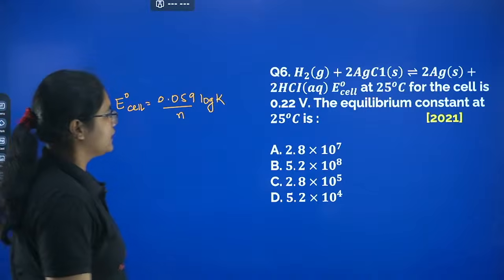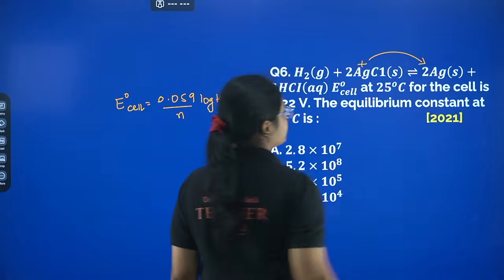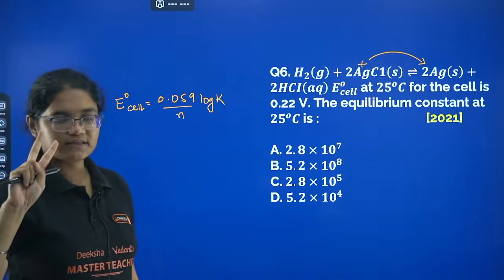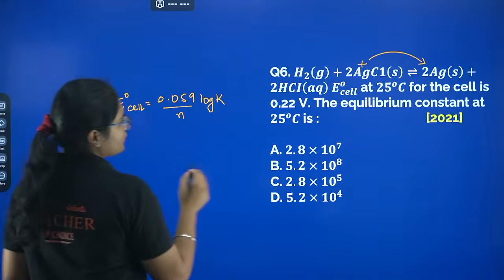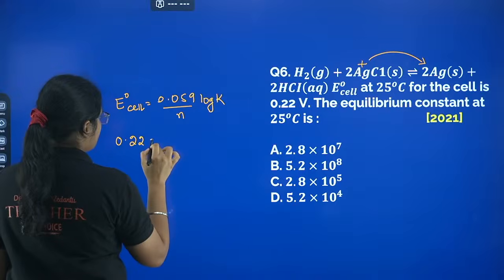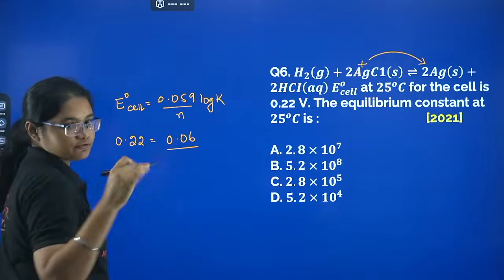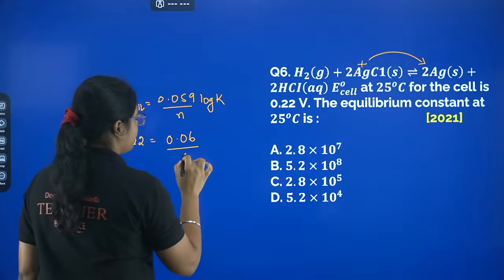Now see here, 2 Ag plus is getting converted to Ag, right? So the number of electrons involved here is 2. E naught of the cell is 0.22. Now this one is 0.06, I'm just rounding off so that the calculation will be easy, and then I have 2 here.